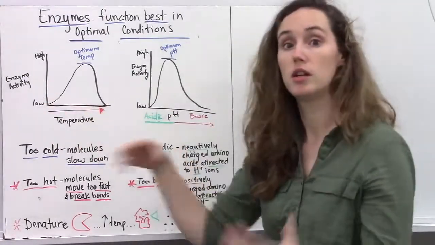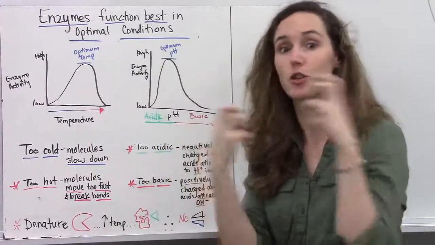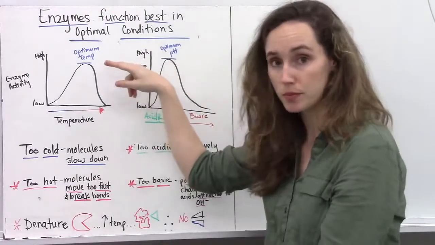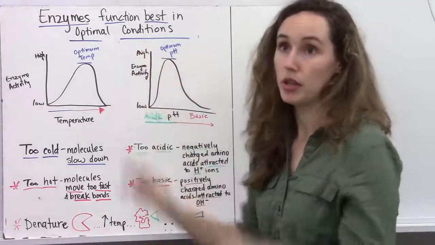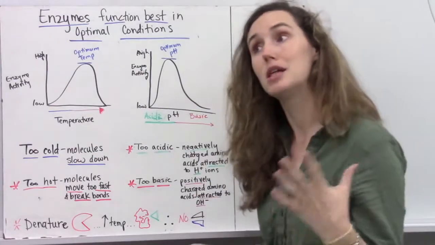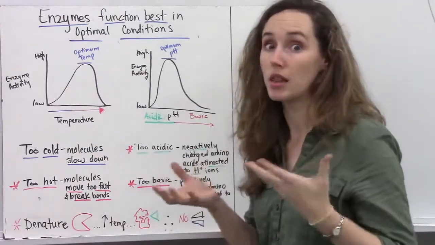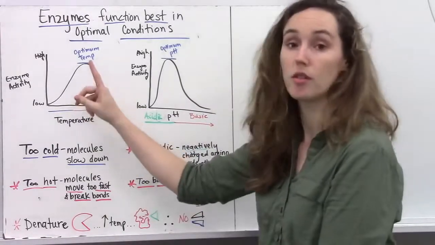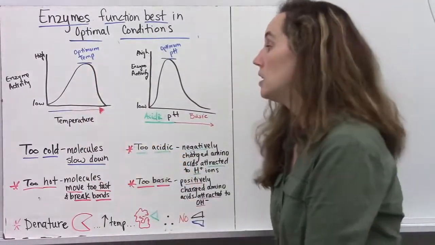They will move faster and be more effective until it gets to a certain optimum temperature. For example, your body temperature is 98.6 degrees, so it's reasonable to think that most of the enzymes in your body have an optimum temperature very close to that.